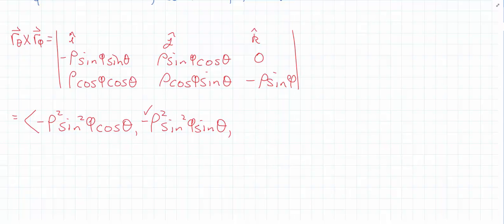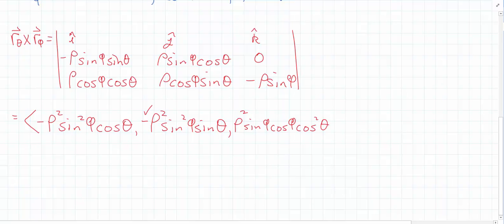Then for the last term, the z part, I take out the z, and I get rho squared sine phi cosine phi cosine squared theta, minus, which is going to make a plus, this minus this, and then I get rho squared sine phi.